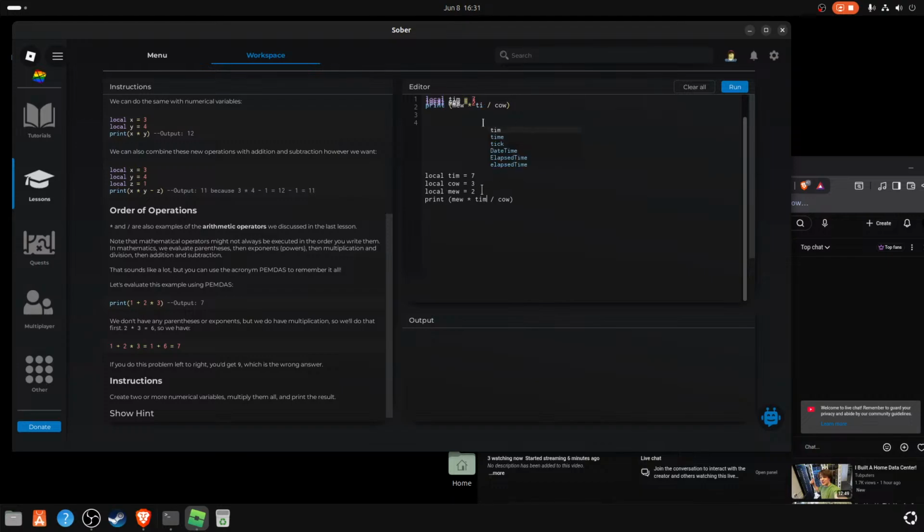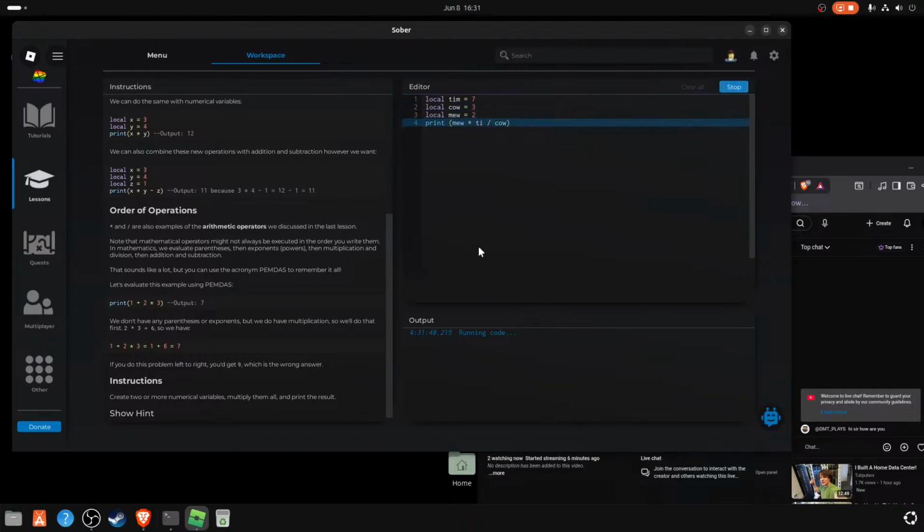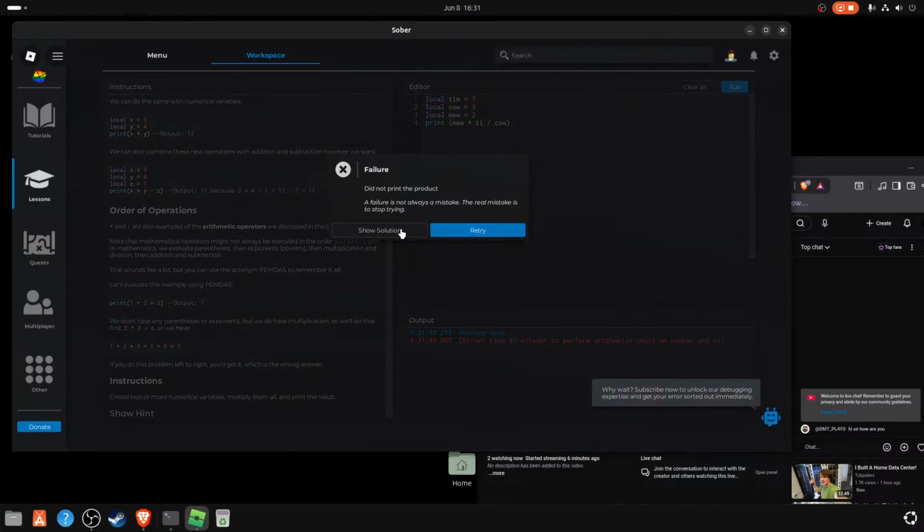So I'm expecting this to be mu 2 times Tim, so it's going to be 14 divided by 3. What's 15 divided by 3? It's 5, so 4 point something. Right? I don't know. I'm too tired to think. I just wanted to test the division thing at the end, to make it a little more complicated.